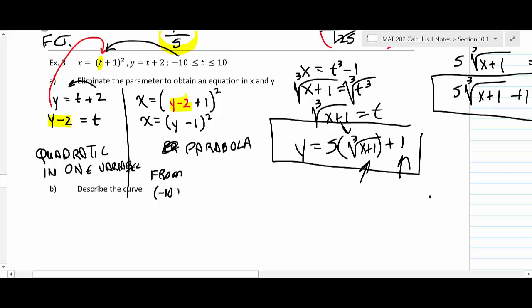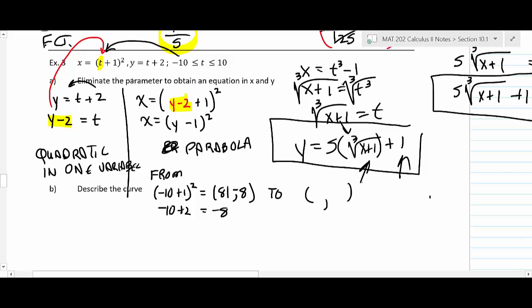If we do -10 plus 1 squared, that gives 81. And then if you plug in the -10 into the y, which is t plus 2, that's going to give -8. So that would be your first point like that. So we'd say 81, -8, and then just do the second point.